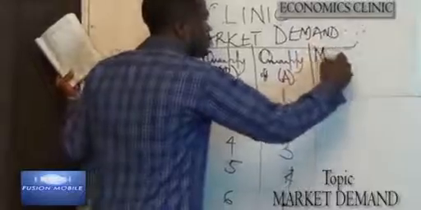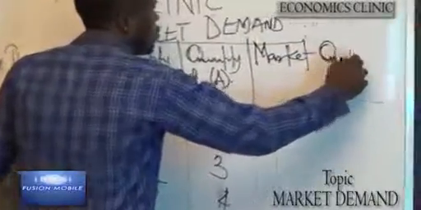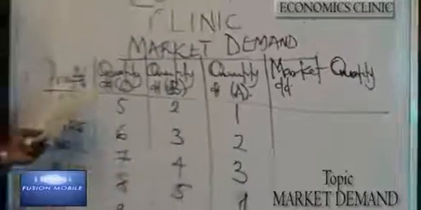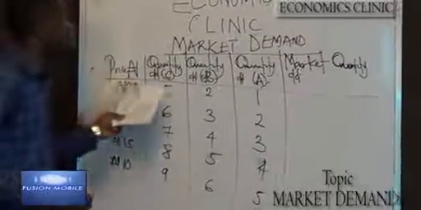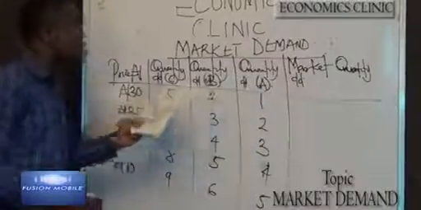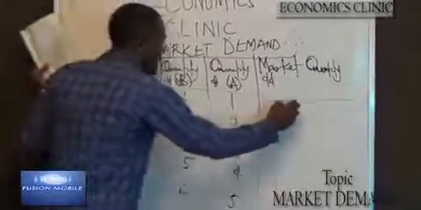Market quantity demanded. The market quantity demanded at 30 naira is the horizontal summation or addition of the values we have for quantity. So we add 5 plus 2 plus 1, we have 8.